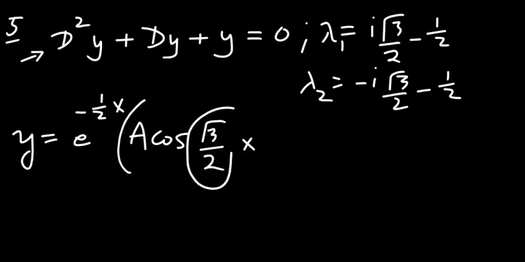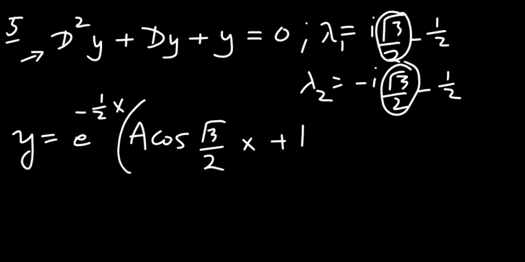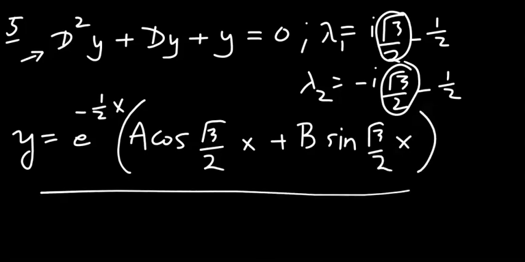So this square root 3 over 2 comes from that part of the solution, plus another arbitrary constant b, sine square root 3 over 2 x. And that's the general solution.